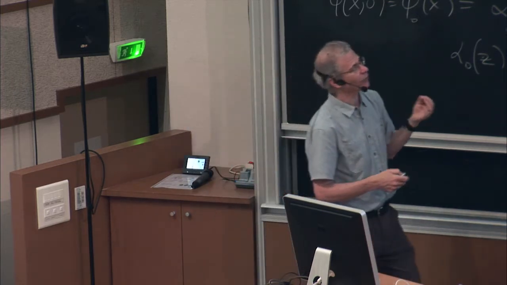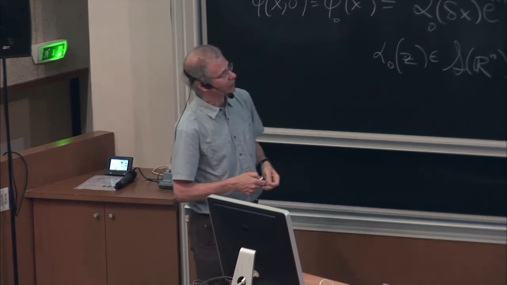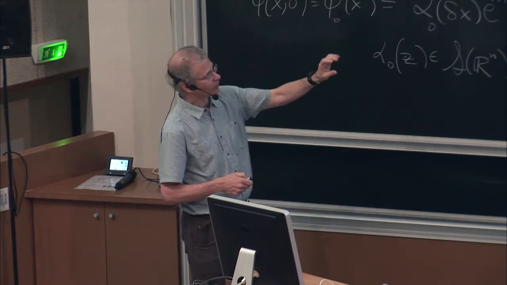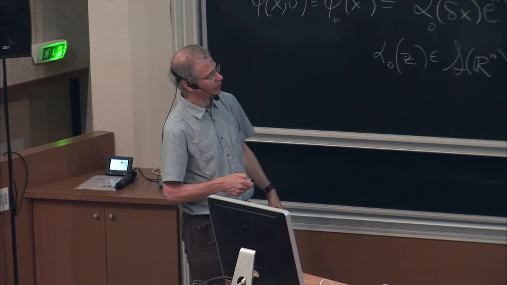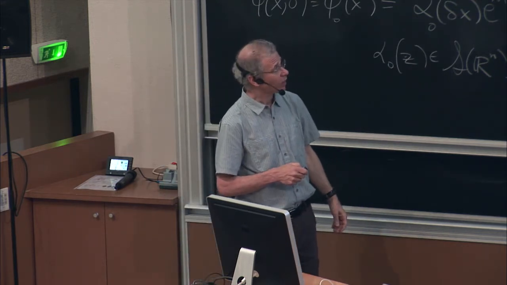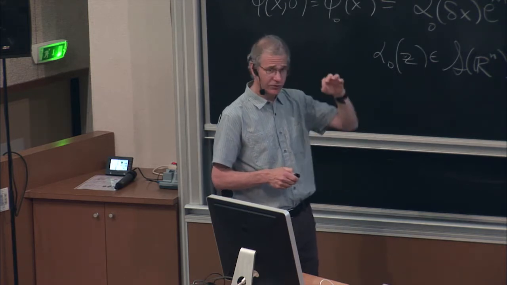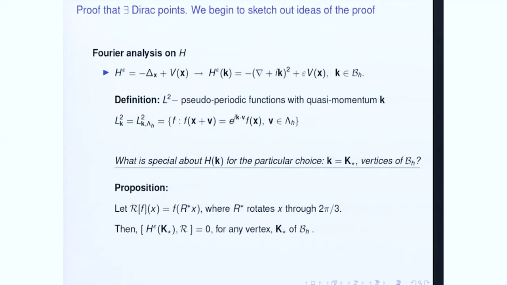What is so special about those quasi-momenta? What is special about them is that if you look at this operator, which just rotates the argument by 120 degrees, so Rf is just f of a rotated argument, then it's exactly at those vertices that the Floquet operator commutes with this rotation.